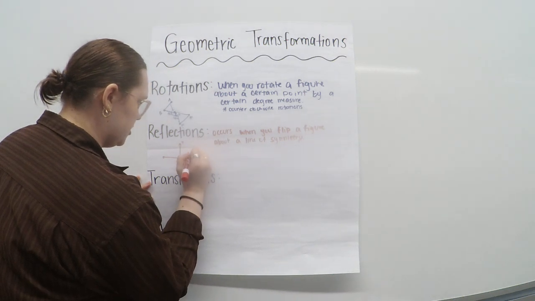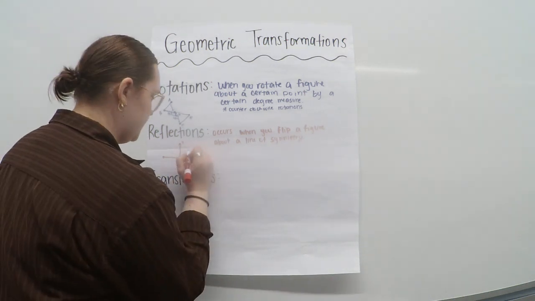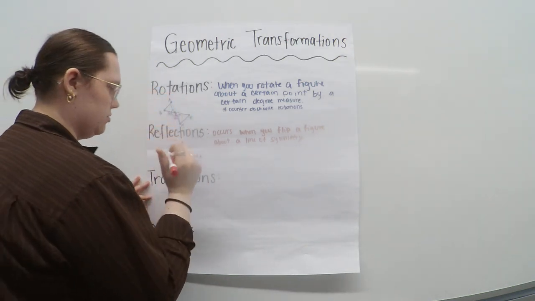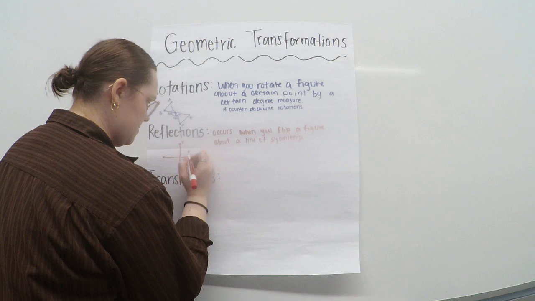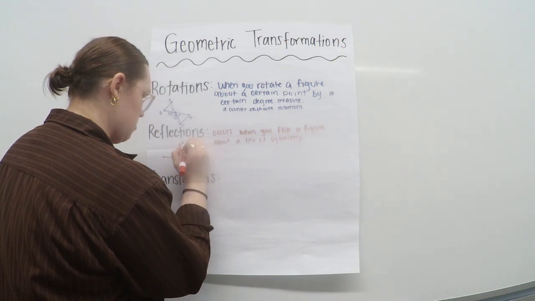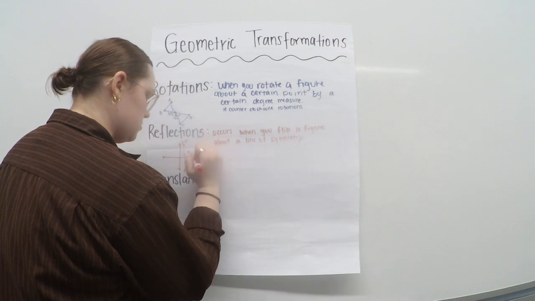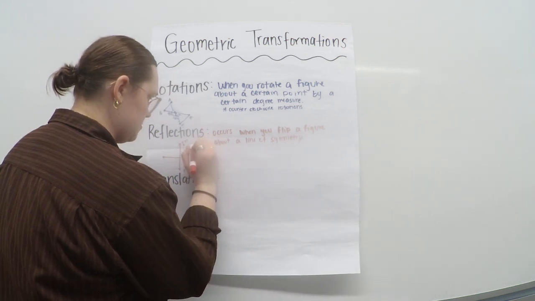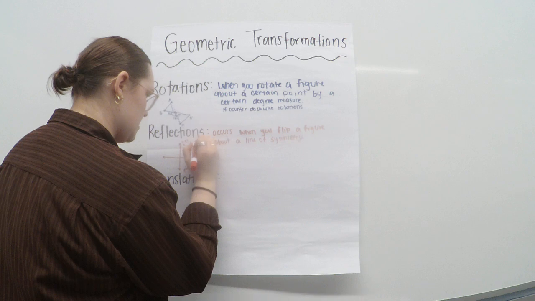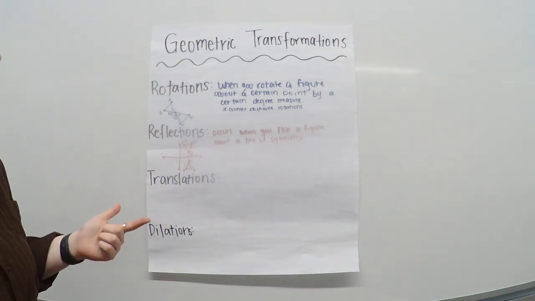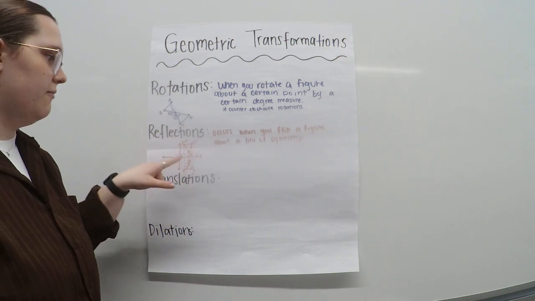So that G is still going to be that many units away. Except now my triangle is going to look upside down and be in quadrant 1. So now my reflected triangle is triangle E prime, F prime, G prime.